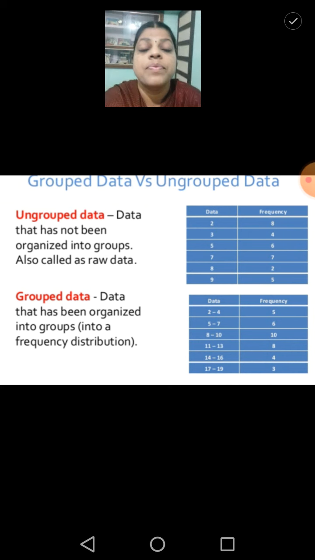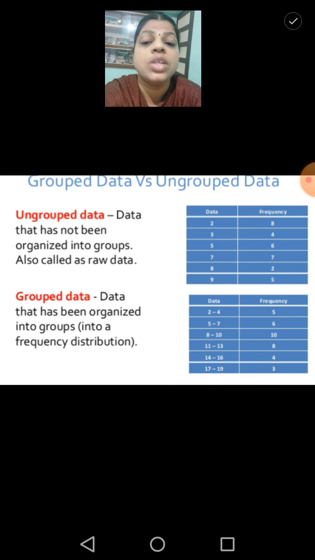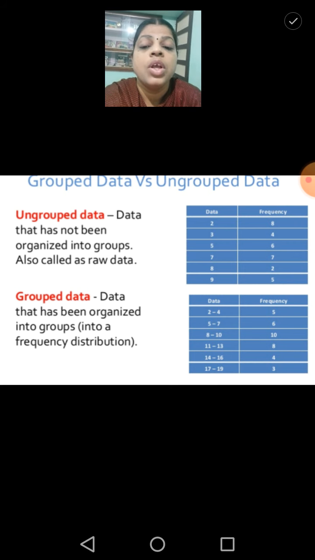Before that, let me tell you, the given data can be divided into two: grouped data and ungrouped data.